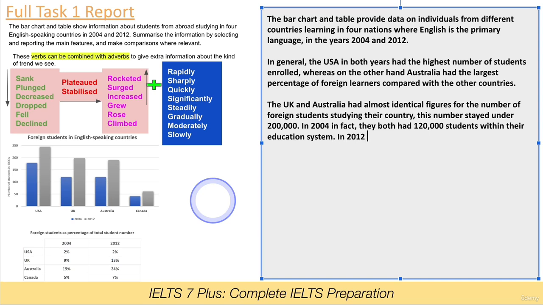In 2012, the UK was just shy of 200,000. And I would say that Australia was about 190, while Australia had, we could do the difference, 10,000 less.